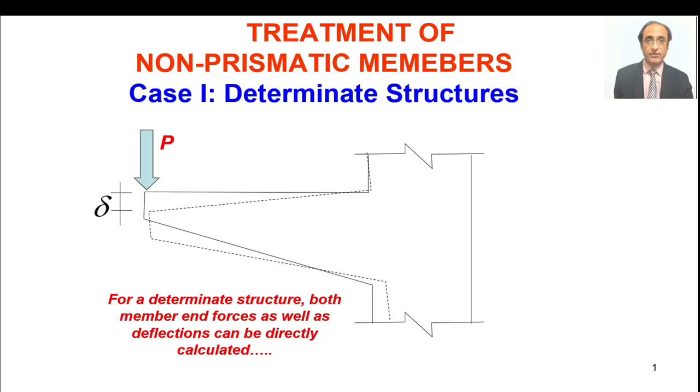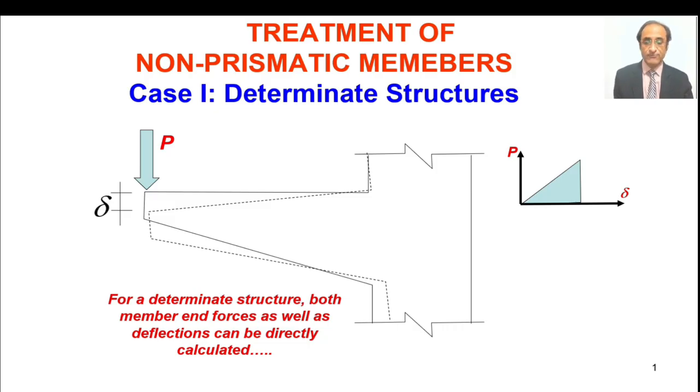Now here, in the case of determinate structures, we can use any of the methods such as moment area method, conjugate beam method, or energy methods such as the principle of virtual work to obtain the displacements. When we talk of energy methods, we need to obtain the work done.